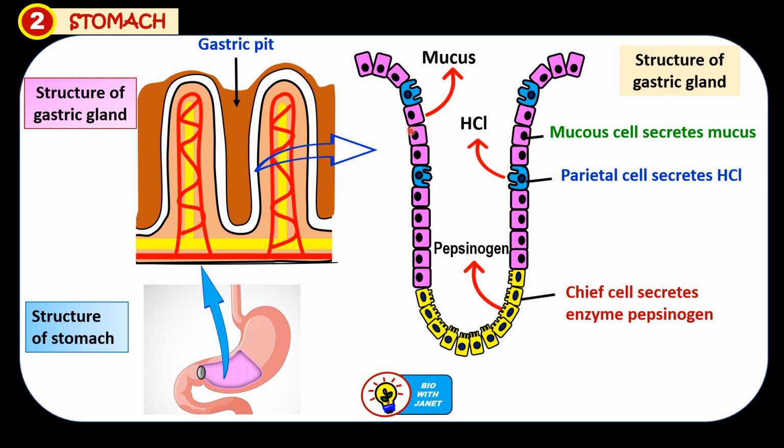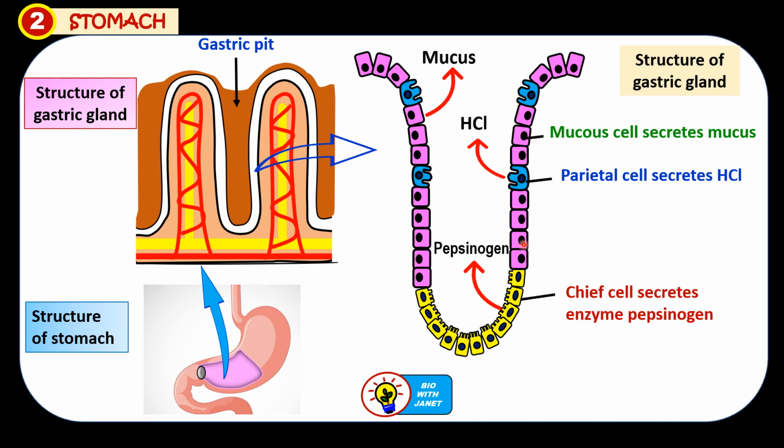If we just focus on one U-shaped structure here, this is a layer of epithelial cells, and they form the gastric gland. The gastric gland is a specialized tissue made up of epithelial cells that are specialized to secrete substances.